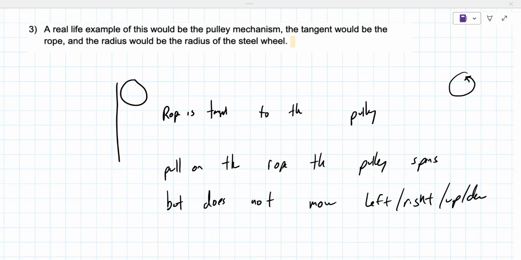Yeah, that sounds fine to me. I'll just add it to the end of the first part of this number 3 answer. There we go. Should be good.